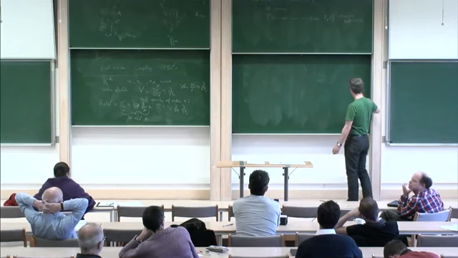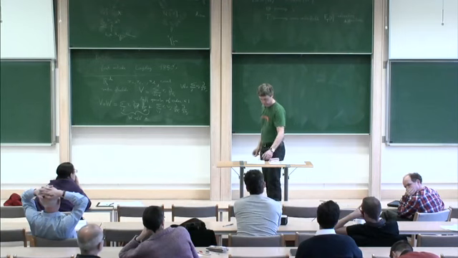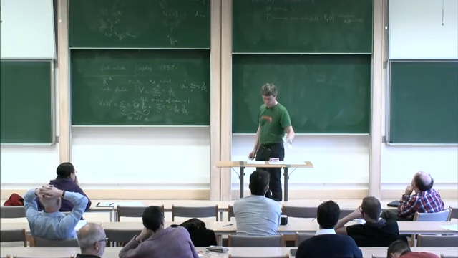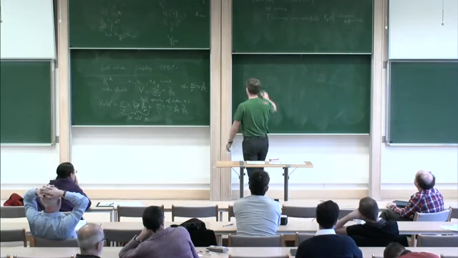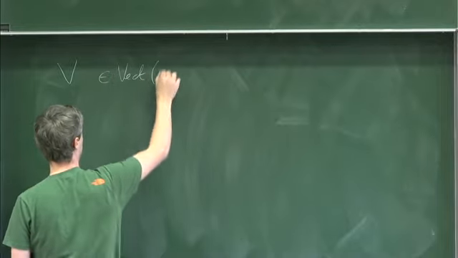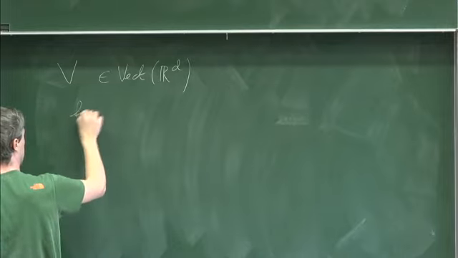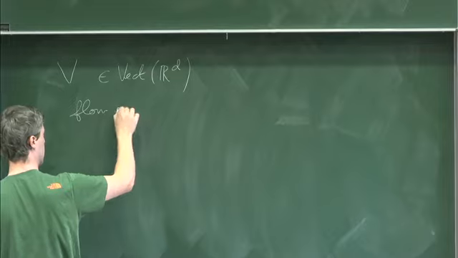Okay, so now what do we do with vector fields when we want to look at the flow of the vector field? So V is a vector field. We look at the flow equation.